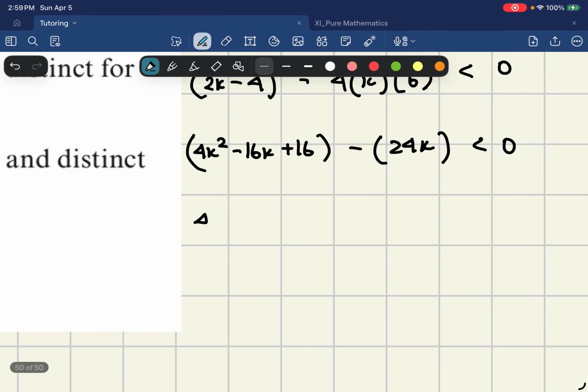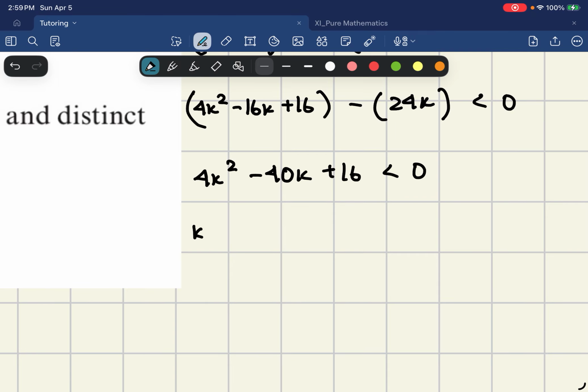All right. So 4k squared, minus 16k minus 24k, that is minus 40k, and plus 16 is less than 0.